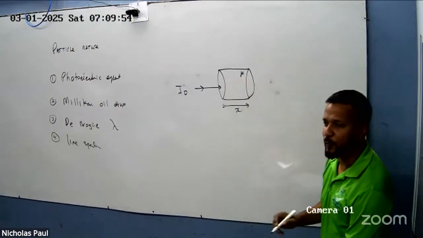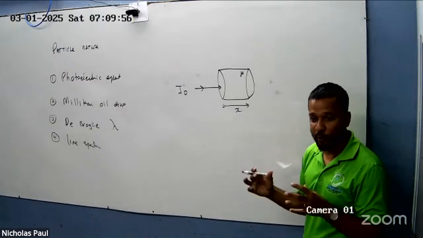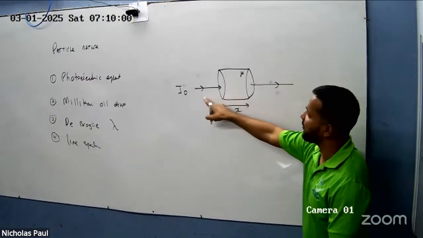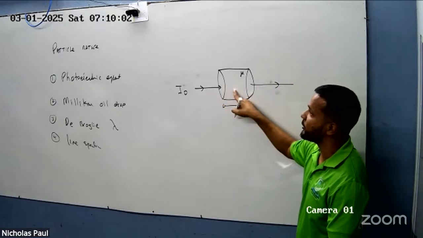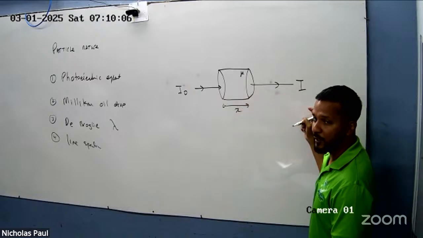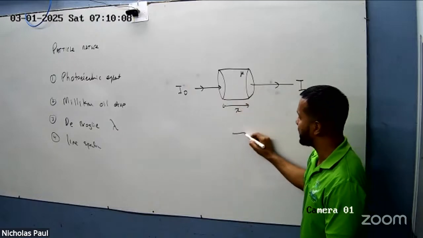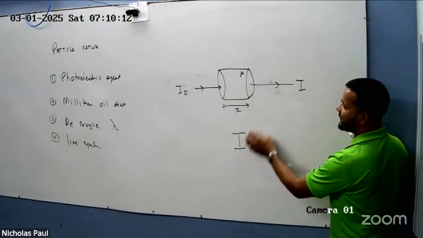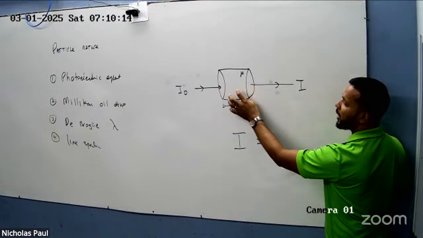Attenuation means how much it will absorb. As a result of the intensity of the X-rays going through here, some of it is absorbed, and you'll get a certain amount I coming out. So this I tells you the intensity that will come out of the material.